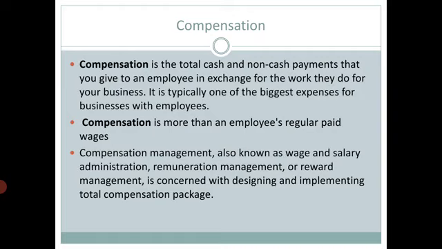Such a compensation package is designed to cover and include all the allowances and other things besides wages, which will surely result in satisfaction among the employee community. Getting it?